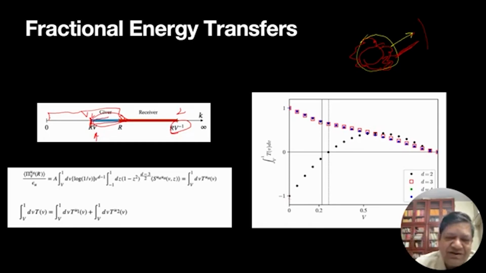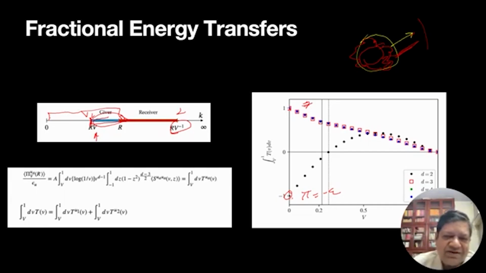In 3D, 4D, 5D, this is pi is plus epsilon. So energy in 3D, 4D, 5D is forward, but 2D is negative. We saw that.